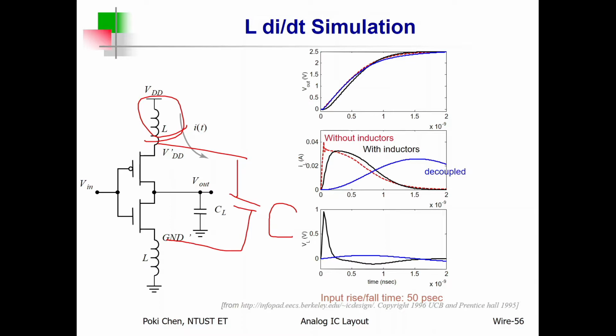They can cancel the impact of each other. For example, L hates the fast change of current, but C hates the change of voltage.